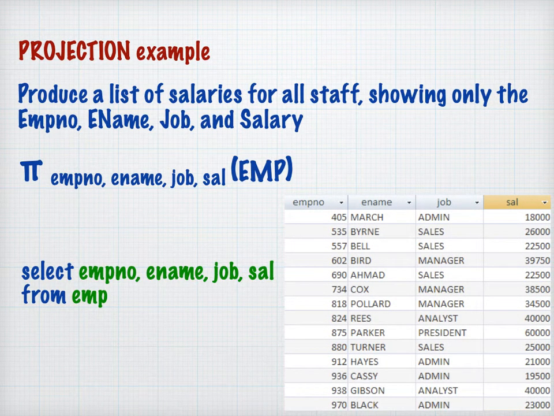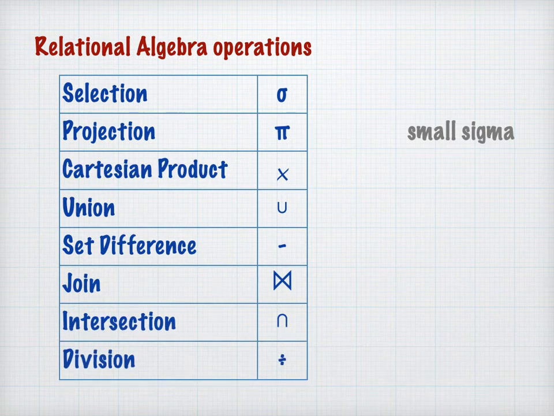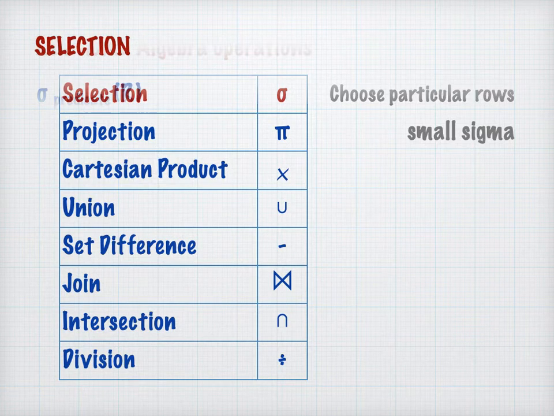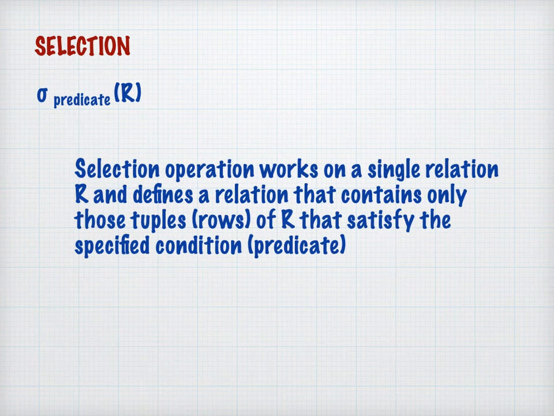So that's projection. To do particular rows we use this thing that's called selection, and that enables us to decide, we're sort of cutting that table into rows and columns, which particular rows we're actually interested in viewing, manipulating, whatever it is. Here's the formal definition of selection in relational algebra.